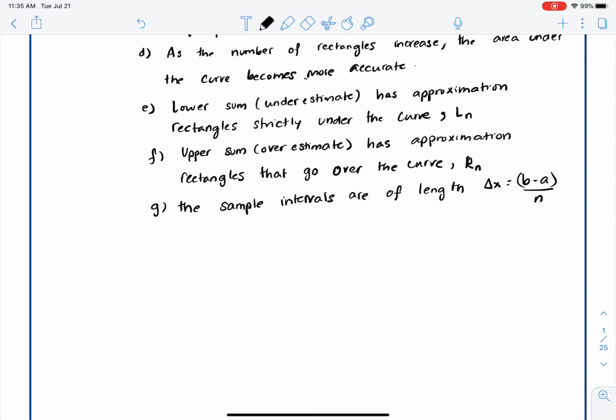And we also noted that as n approaches infinity, if we have infinitely many rectangles, the lower sum and the upper sum would both equal the area under the curve, and that would be the true area under the curve.